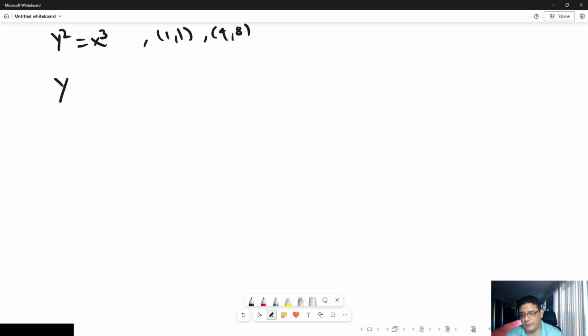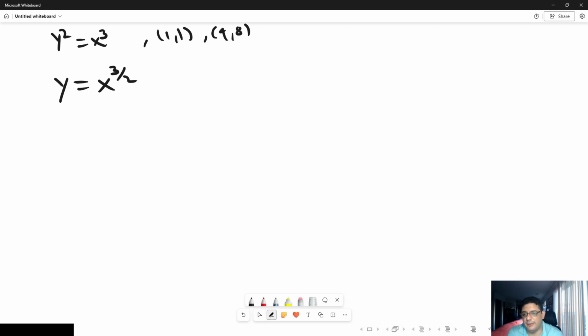I'm actually going to simplify this and say y equals x to the 3/2. Since I'm moving in positive numbers, I'm going to assume this is not the negative one, since these are the points I'm using, 1, 1 and 4, 8. If I were using negative numbers, then instead of taking the positive square root, I would use the negative square root.